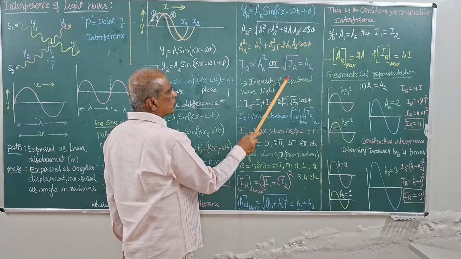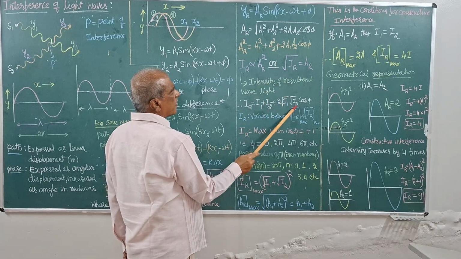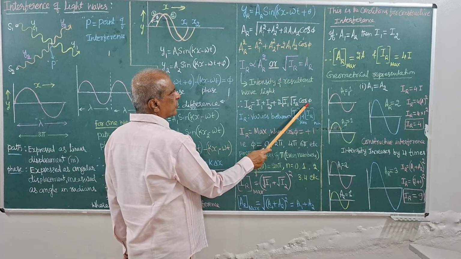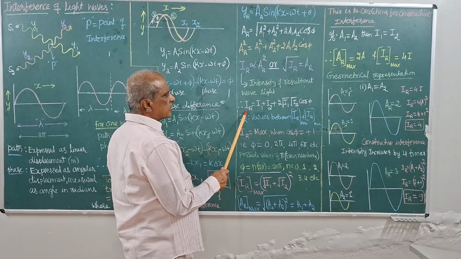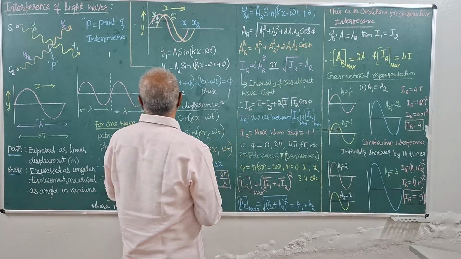If there is A1, take its root. Cos phi remains the same. This is the equation for the resultant intensity at this point.